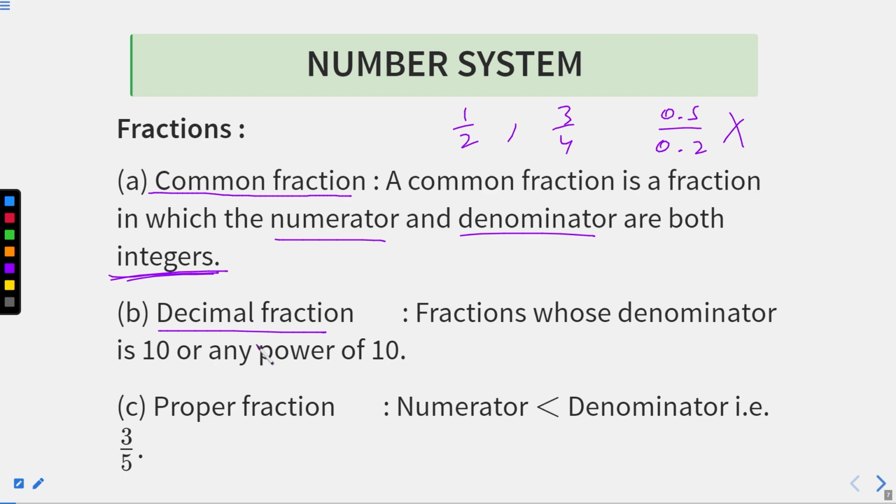Now decimal fractions are fractions whose denominator is 10 or any power of 10. For example, 1 by 10 is a decimal fraction, and 2 by 100, which is 10 raised to the power 2, is also a power of 10, so it is a decimal fraction.